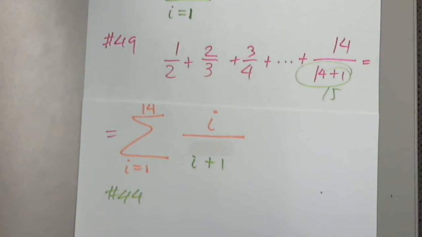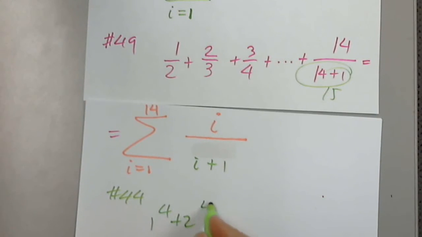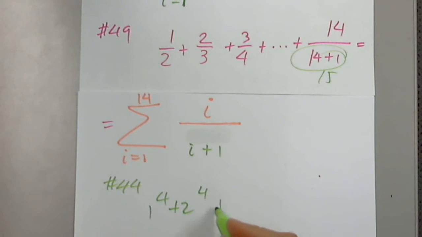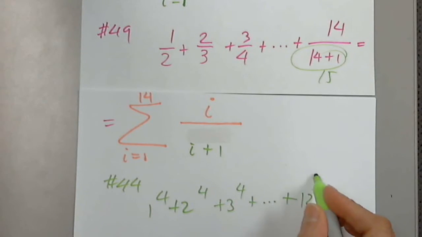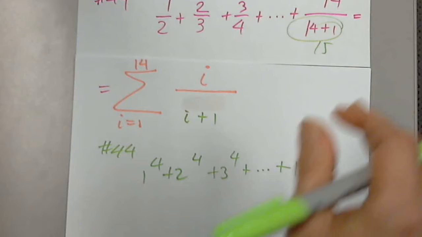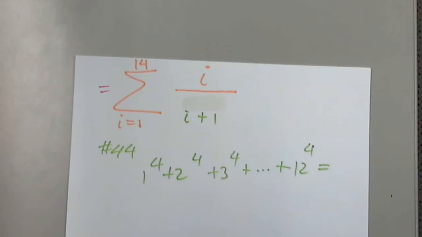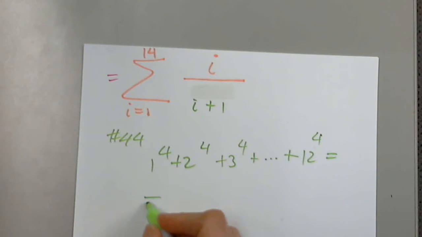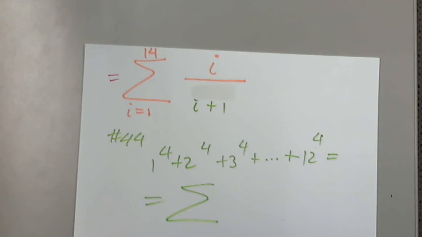Yeah, exactly. So 44. 1 to the 4th plus 2 to the 4th plus 3 to the 4th plus dot, dot, dot plus 12 to the 4th. They want us to condense this using the summation notation. How do I write this?